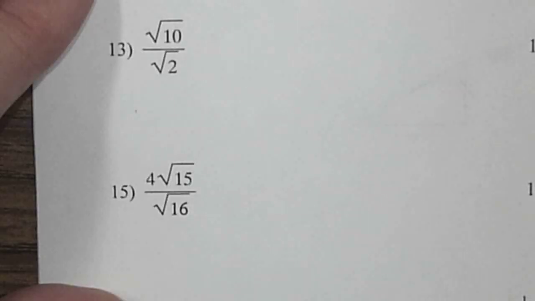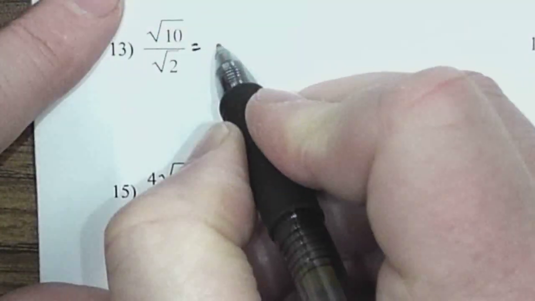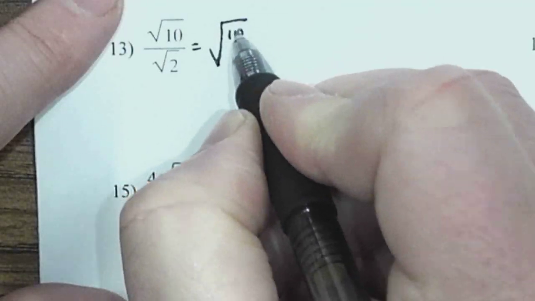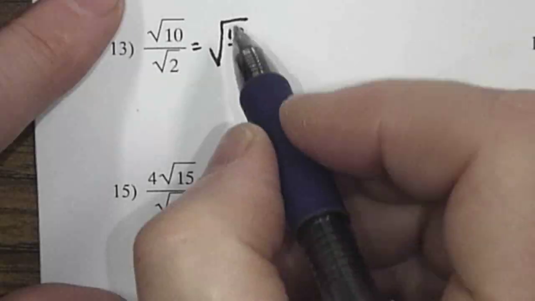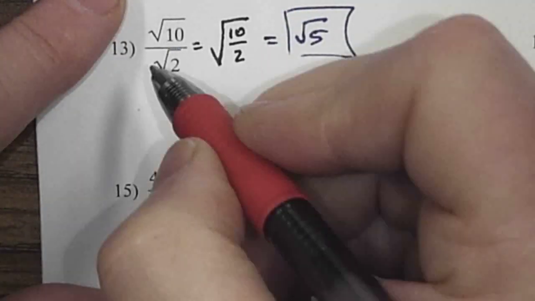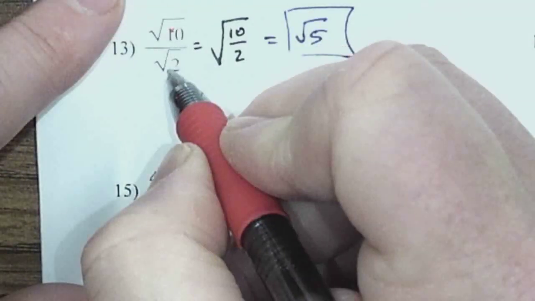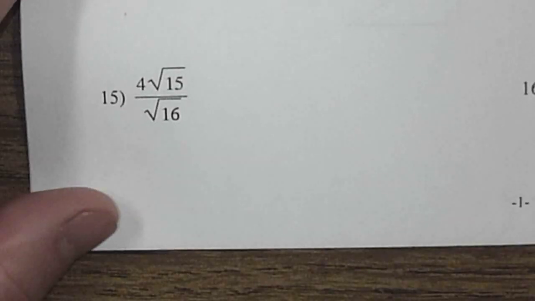Here, they're both radicals. Because they're both radicals, you can actually consider them as one radical, and 2 goes into 10 5 times, so we get square root of 5. Since they're both inside the radical, we can go, oh, 2 goes into 10 5 times. Get our answer.